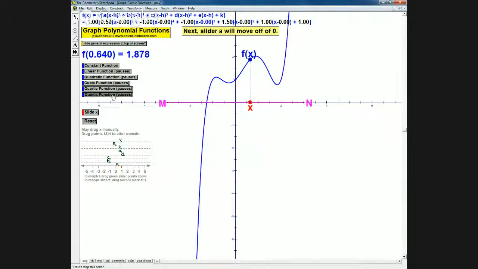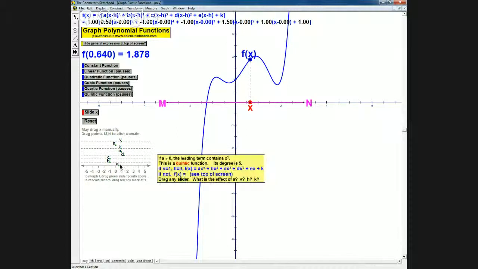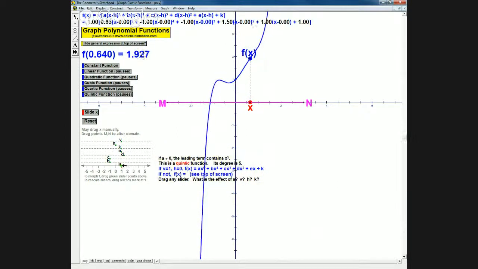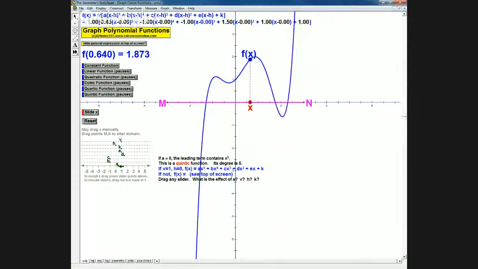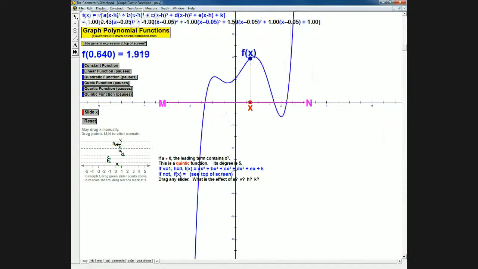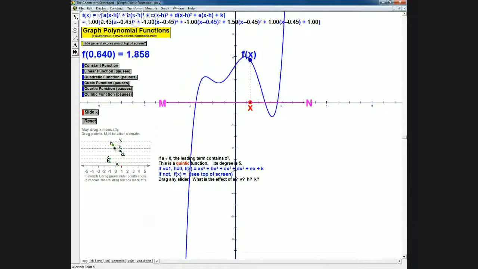Okay. And we can mess with a whole load of these things just to make it different. You can do all sorts of stuff. We can move it up and down. We can move it left or right. Okay, so you have a constant, linear, quadratic, cubic, quartic, quintic.